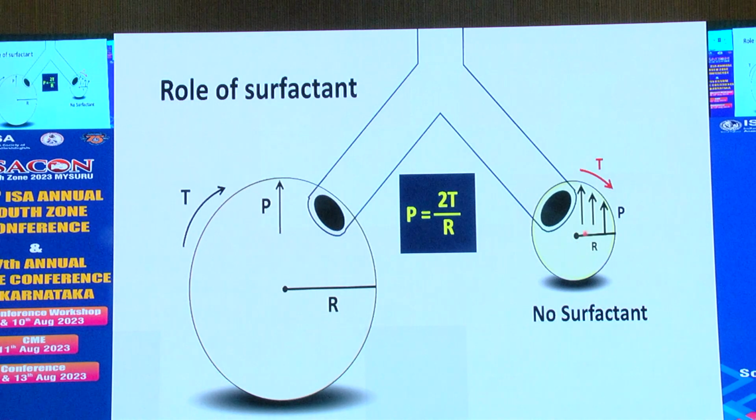So at the end of expiration, all the gas will flow from the smaller alveoli to the larger alveoli, thereby resulting in atelectasis. But this does not happen practically because of surfactant. In a newborn with a lack of surfactant in some conditions, this is applicable, and that leads to atelectasis.